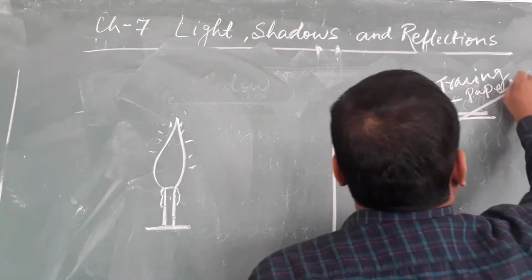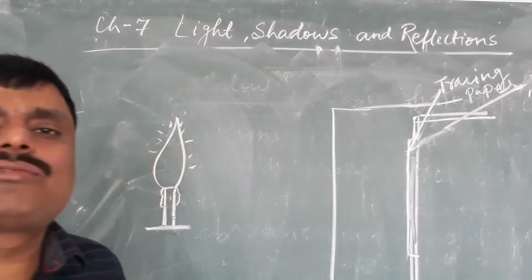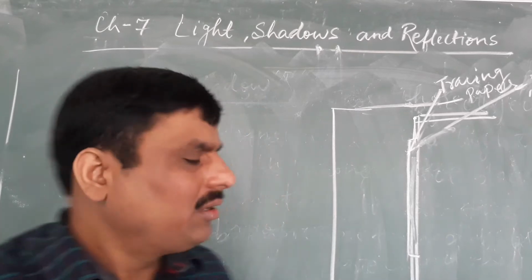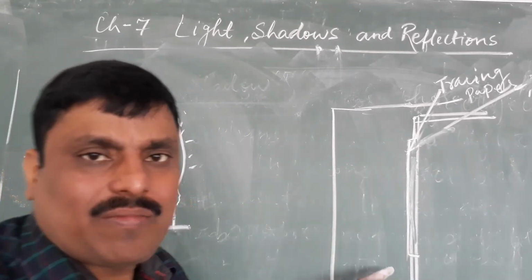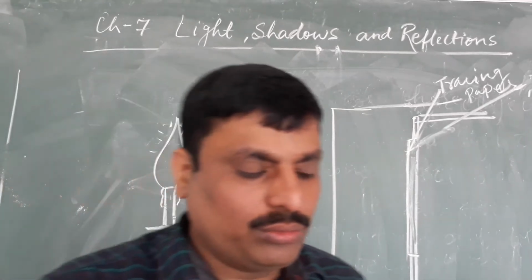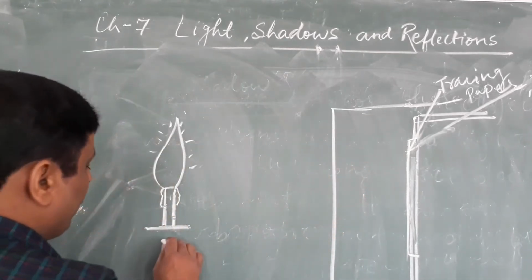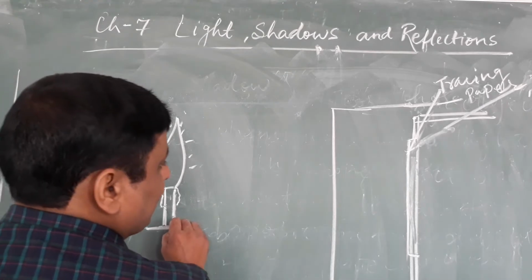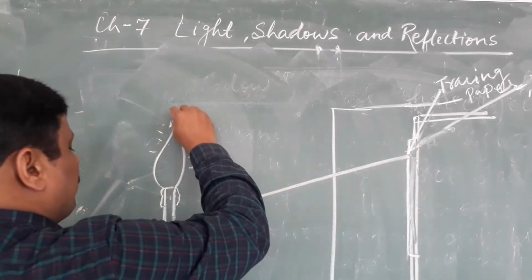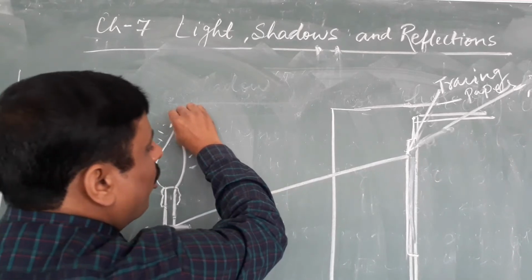This tracing paper will act like the screen to cast the image. But one very important thing you will have to know, start from the bottom of the candle to the top.